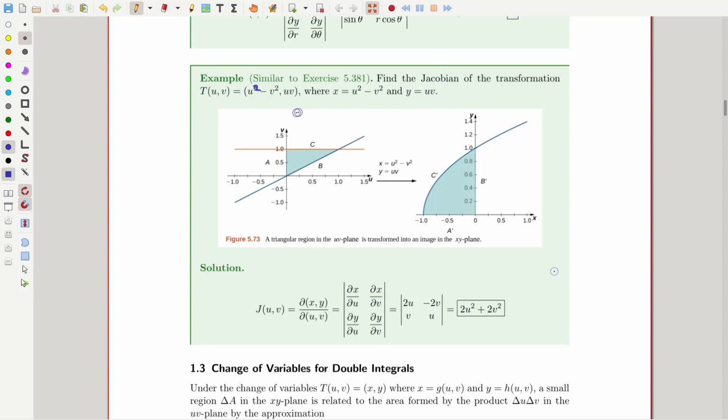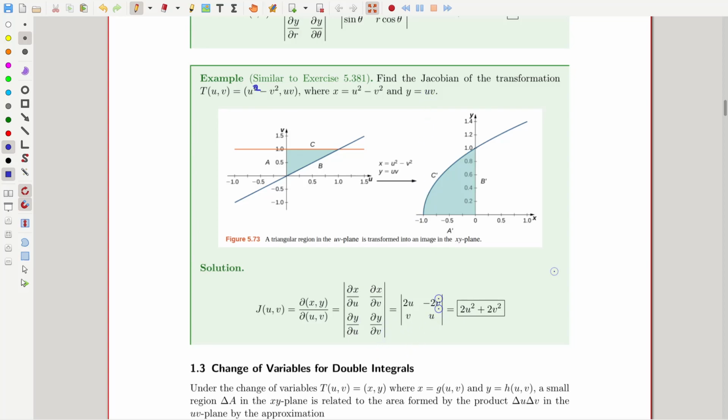So the Jacobian of this transformation. It's a straight up computation, right? So we compute the Jacobian of this transformation, which ends up being this matrix. The partials of x with respect to u and v will be 2u and minus 2v. The partials of the function y with respect to u and v are going to be v for the u partial and u for the v partial.